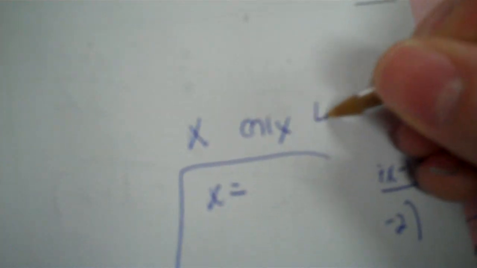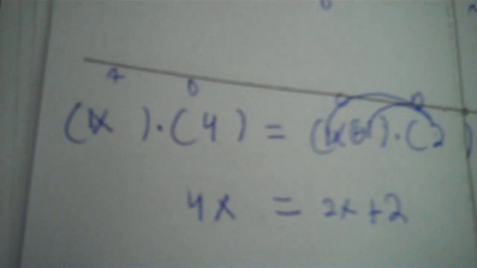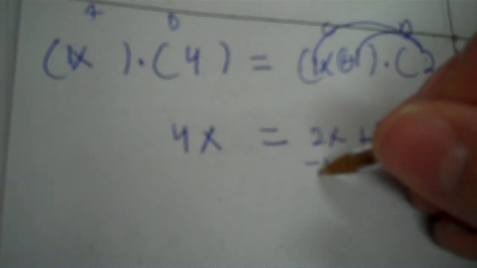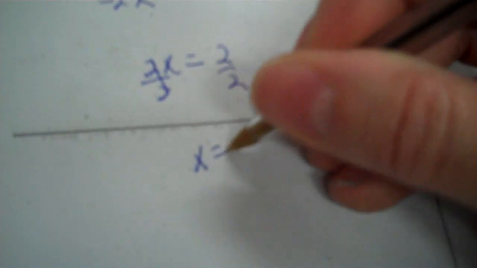Now, I have x only, so that is linear properties, okay? There's one answer. Linear properties, if you have x on both sides, you take out the smaller one. You don't clear one whole side. That's factoring properties. So 2x equals 2. Then I divide by 2 and I get 1. Okay, 1's your solution.